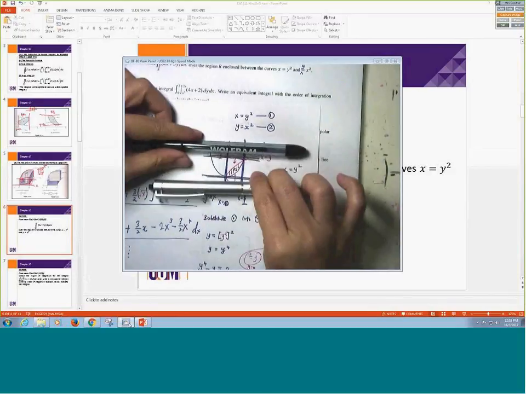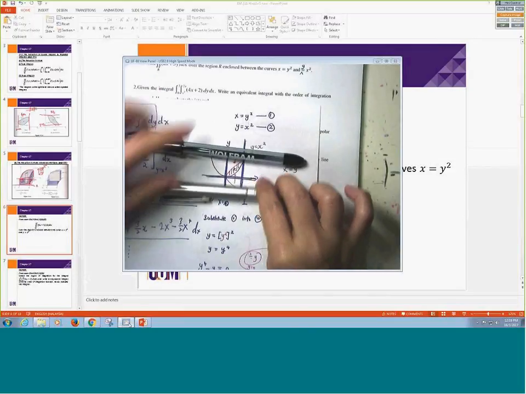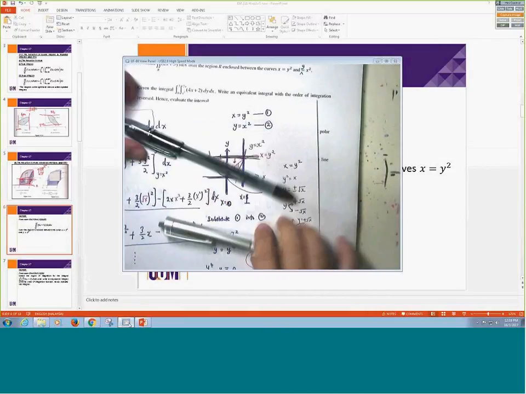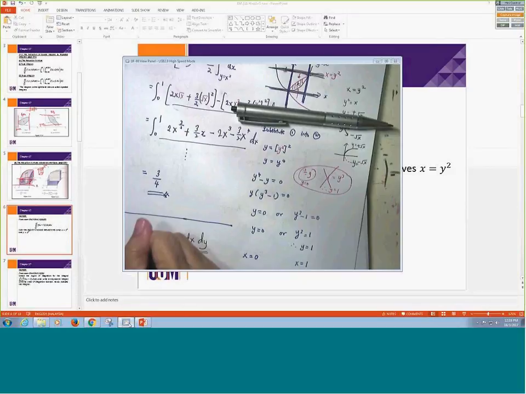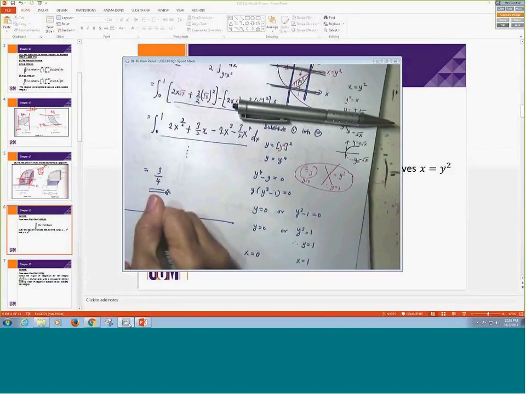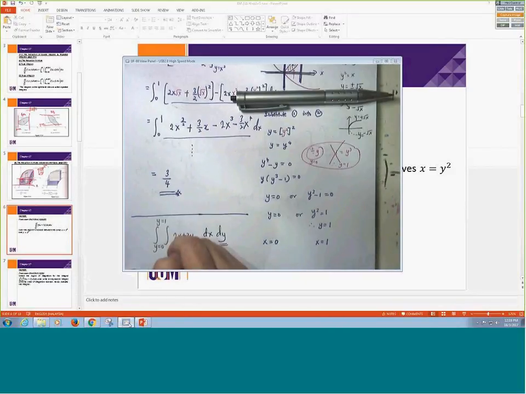So y goes from 0 to 1. And then what is x? Since it is not a rectangle, x must be a function. So how do we take the functions?